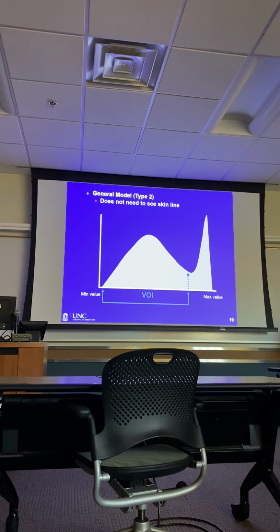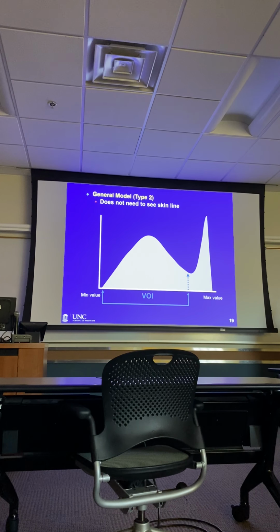When you do an abdomen, how likely are you to be able to collimate on an abdomen so that you see a skin line? Maybe on pediatrics, but on most adults, you're not going to see a skin line. Even on a femur, you might not see a skin line. On a chest, you might not. But typically, with abdomens, you're not going to see a skin line.